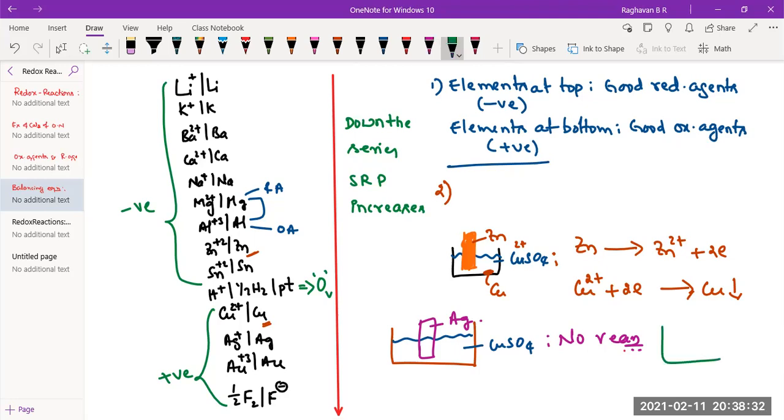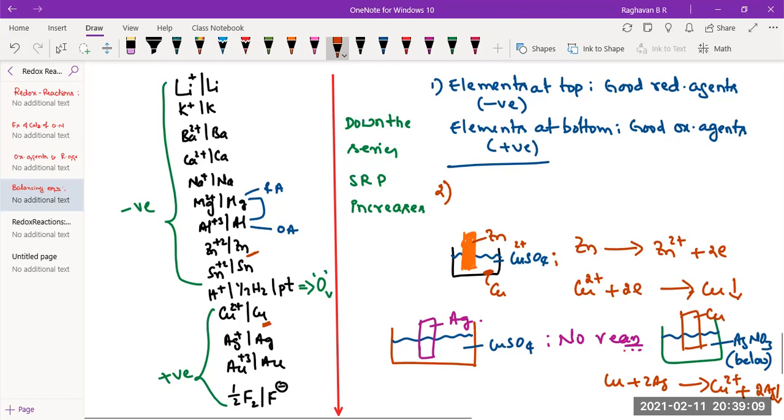Let me write that so that this analogy gets completed. This is AgNO3. So this is below in the series, silver, or high SRP you can say. And this is copper. Now precipitation takes place. Okay, Cu plus 2Ag plus gives Cu2 plus plus 2Ag. Ag gets precipitated. So what displaces what, you know? Upar wala can displace the niche wala from its salt solution.